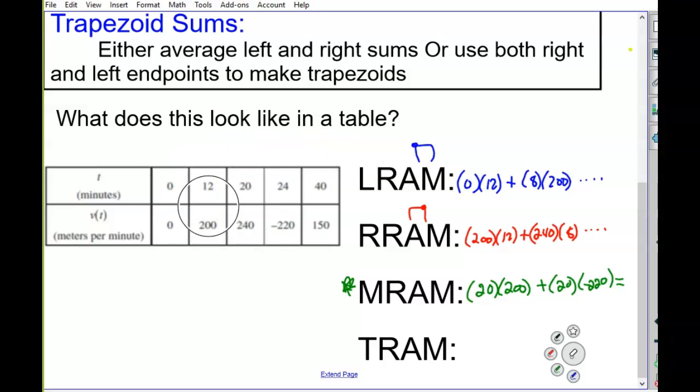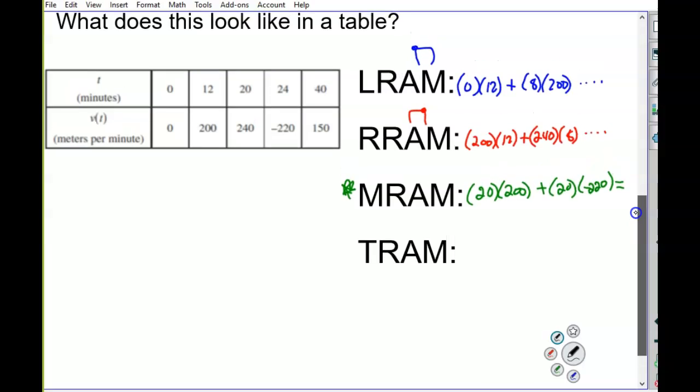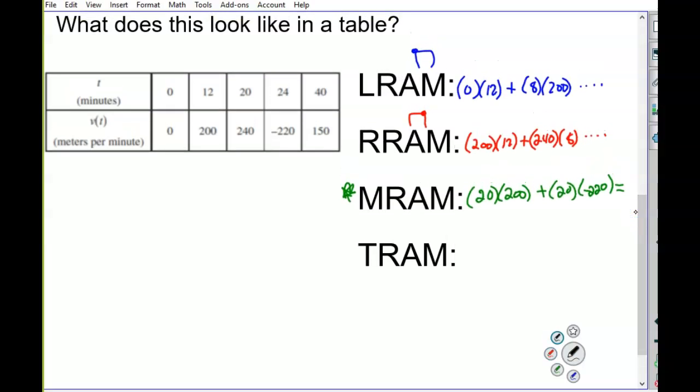And then how would I do a trapezoid with this one? This is how I do it. It's not super accurate, but I just think of, here's a trapezoid. What is base 1? Well, base 1 is the output. Base 2 is the output.